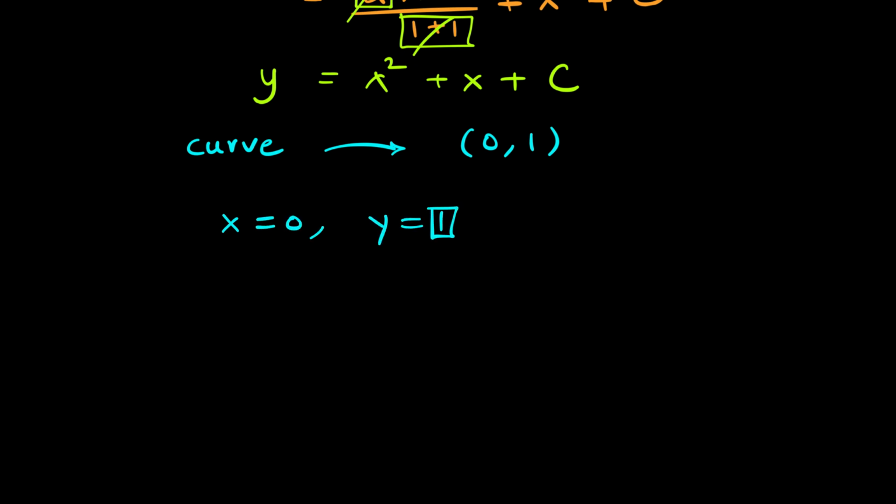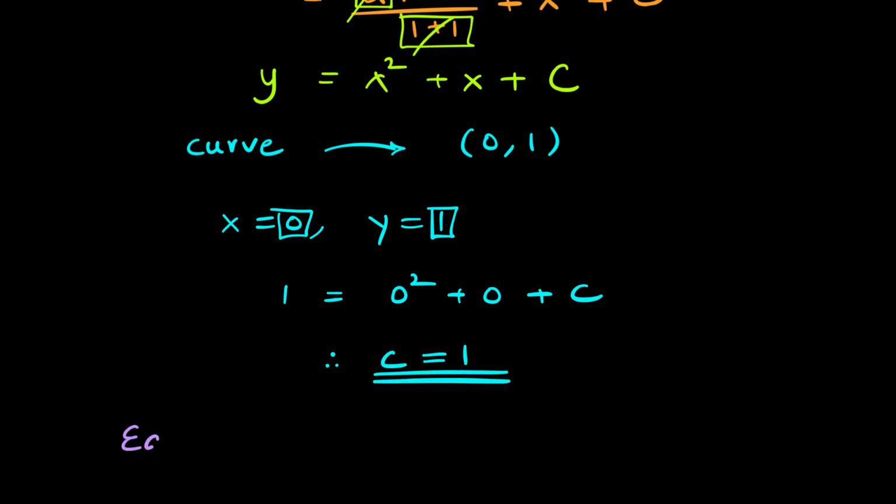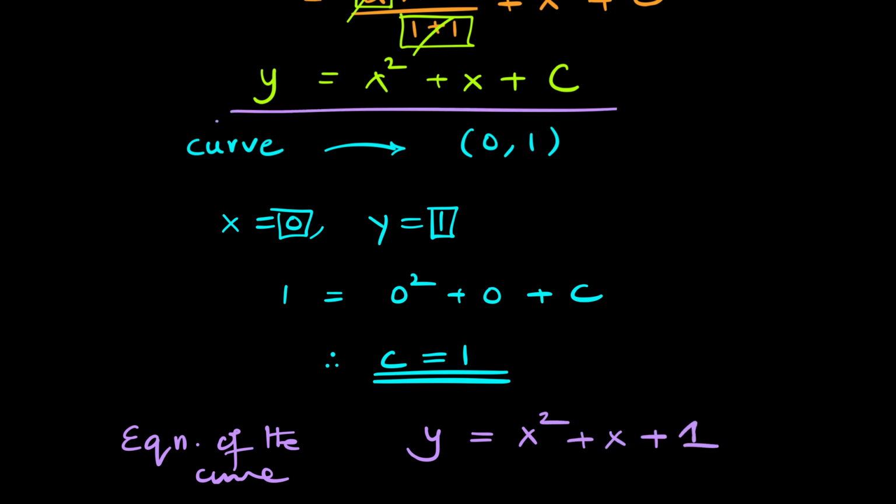So plug the values where it belongs. 1 equals 0 squared plus 0 plus c, which gives us the value of c as 1. In other words, we get the equation of the curve as y equals x squared plus x plus 1. We found the value of c and we wrote the value of c over here. That's the equation of the curve.